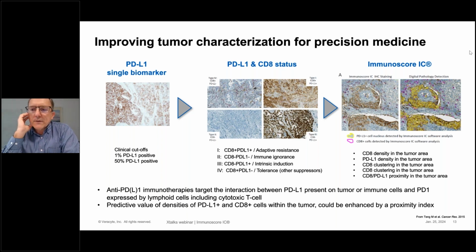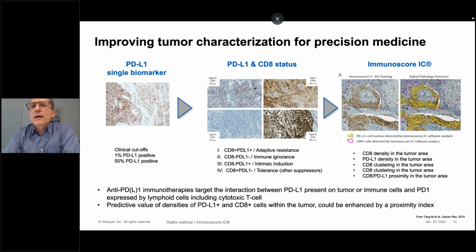presented by various authors, and we added to this assumption that it could be interesting also to add a level of complexity by analyzing the proximity between the PDL1 positive cells, whether they are from tumor or immune origin, and CD8 positive cells.